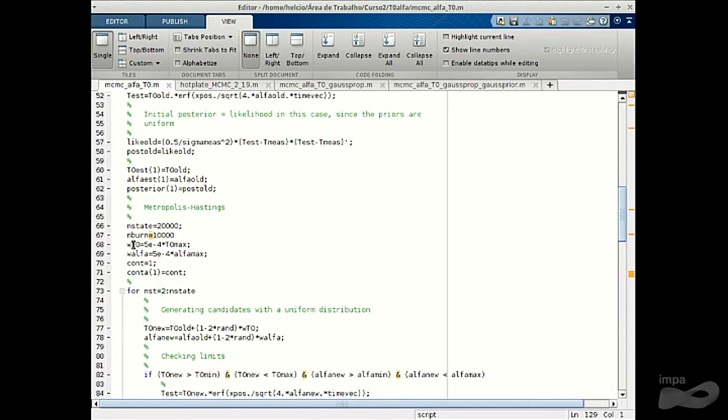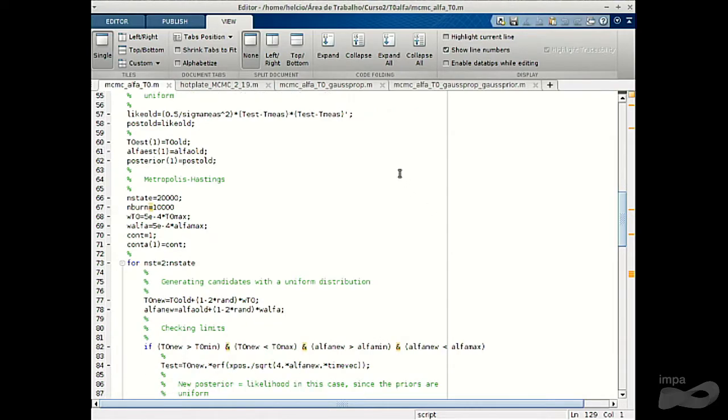Okay, so this is the maximum step size that I'm going to take when I move from one state of the Markov chain to the next state. In other words, this is the maximum size that I may take to generate the new candidates, okay, for the Markov chain.